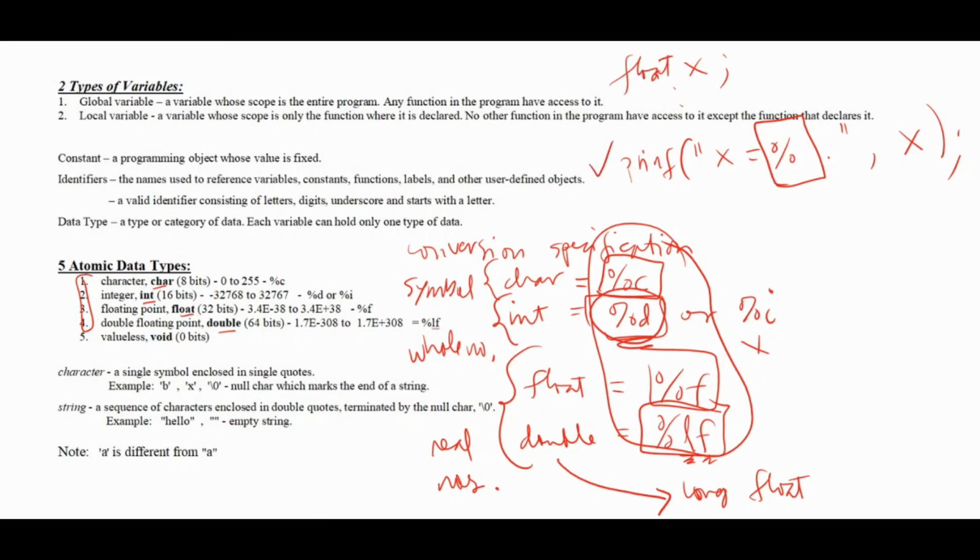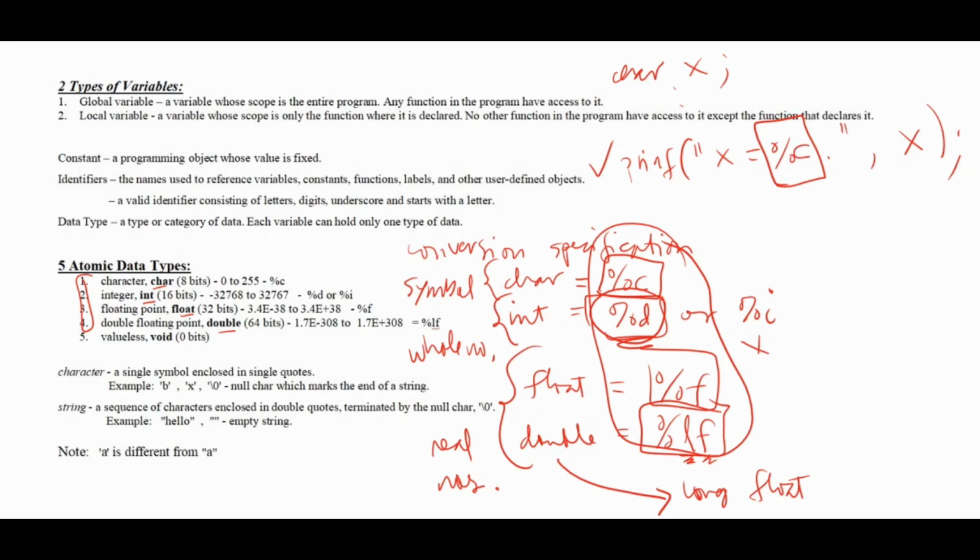If x is declared as float, then we would use %f here. If x is double type, we would use %lf here. If x is type character, you would use %c.